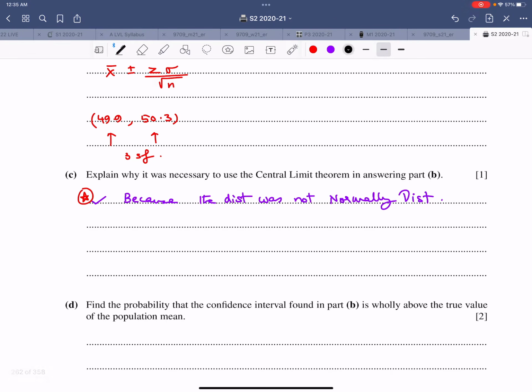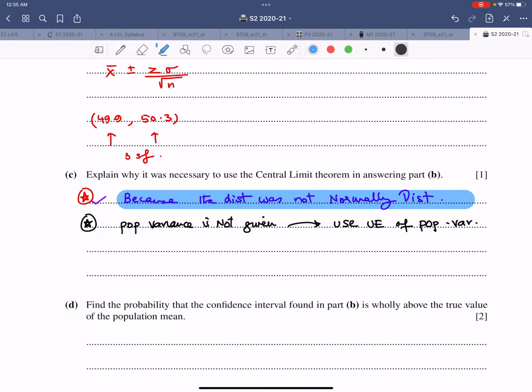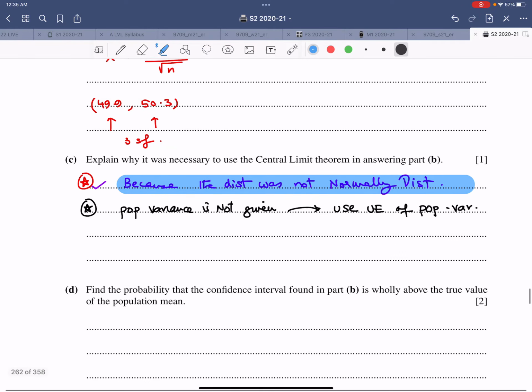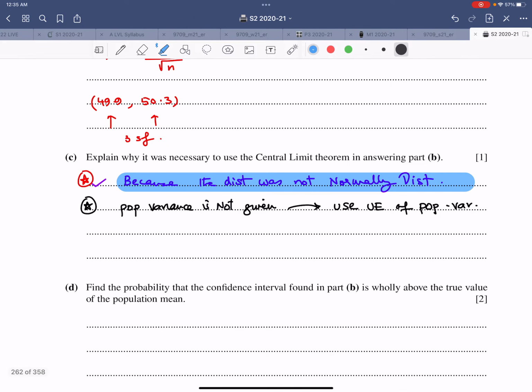Sometimes they also give the reasoning because population variance is not given. But this could also happen in a normal distribution. So this is the reason why we use the unbiased estimate of population variance. So I would focus on the first one, that is because the distribution was not normally distributed. So that is the reasoning for using CLT, the central limit theorem.